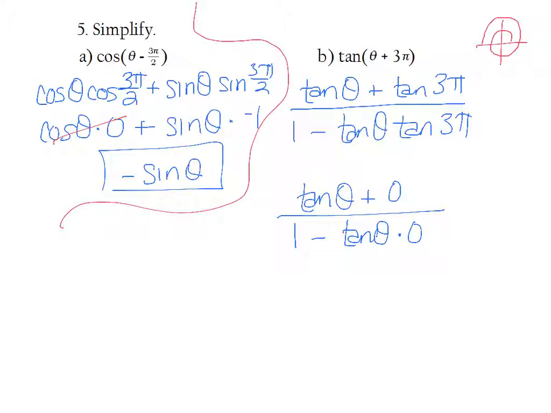This works out pretty nicely because tangent theta times 0 is 0. So that's just 1 minus 0 down there. And I don't really need to add that 0. I end up with tangent theta over 1. That's just tangent theta. That all simplifies out nicely.